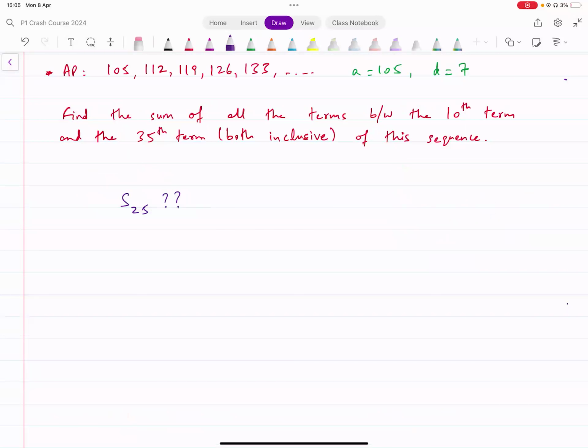What's the problem with this? Sir, it wouldn't include all the terms, I think. What would be the problem with this?